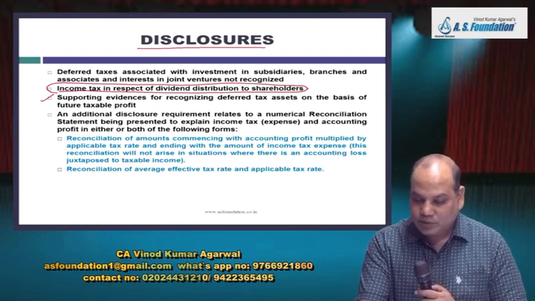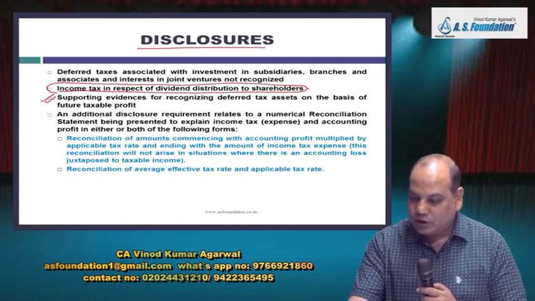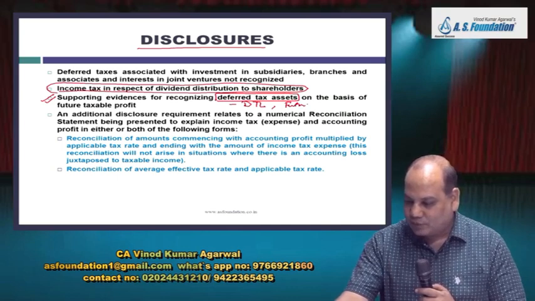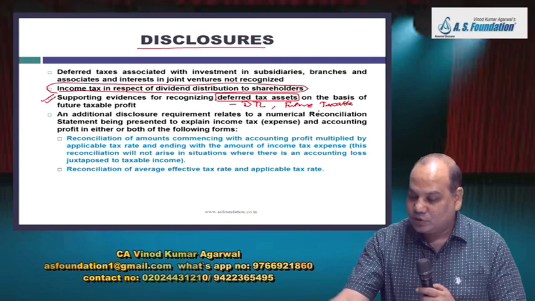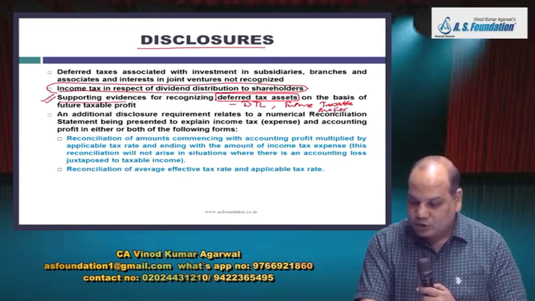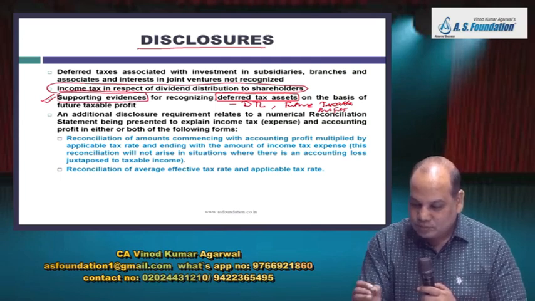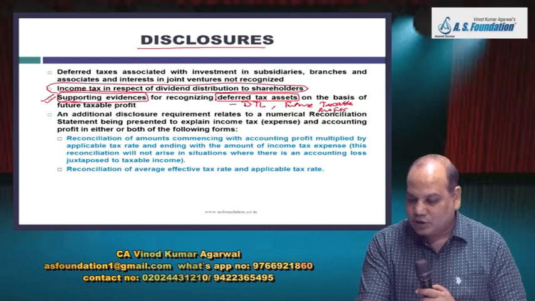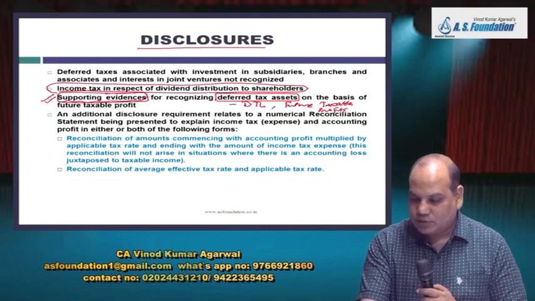Supporting evidence for recognizing DTA on the basis of future taxable profit. Do you remember this paragraph? If you are recognizing DTA, when can we recognize DTA? When either there is DTL or there is future taxable profit. So in case you are recognizing DTA on the basis of assumption of future taxable profit, then you have to disclose the evidence. So you have to say that our company has got an order from a customer.